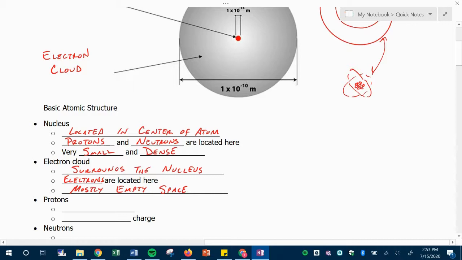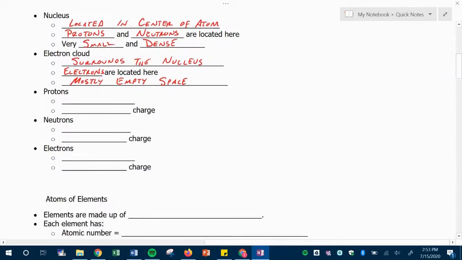And so the idea with the cloud is we have these electrons floating around within the cloud. Electrons themselves are really, really, really small, but they just kind of float in and out through that whole space.